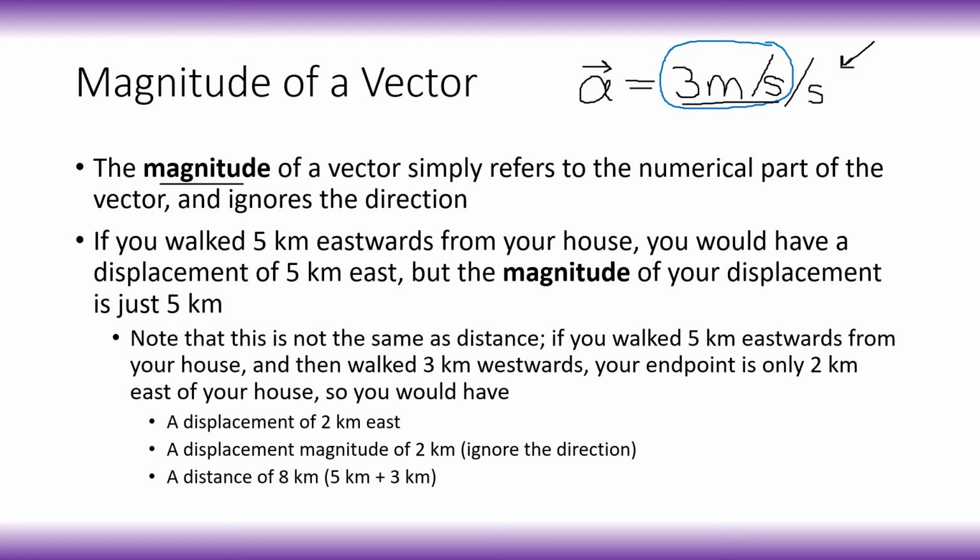Don't worry if you're not understanding the units, but notice that in what I've done right here, I haven't included the direction. Maybe for whatever reason I don't care about the direction I was moving in while I was speeding up. All that I care about is that I was speeding up at that rate. So I put these two lines around my A for acceleration, and this is the magnitude of the acceleration.